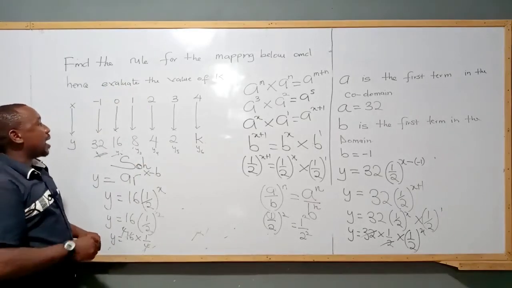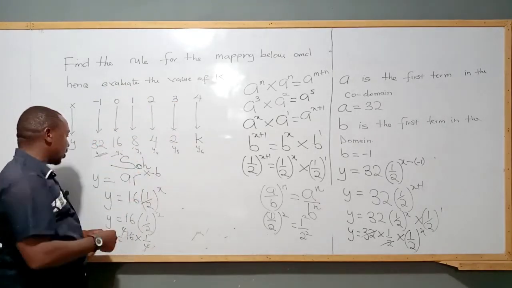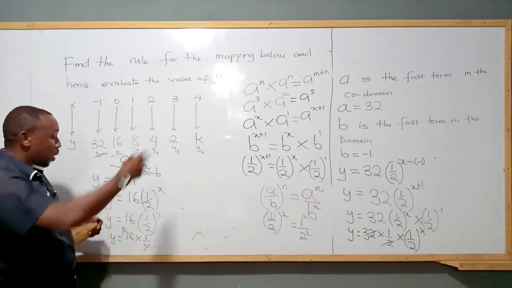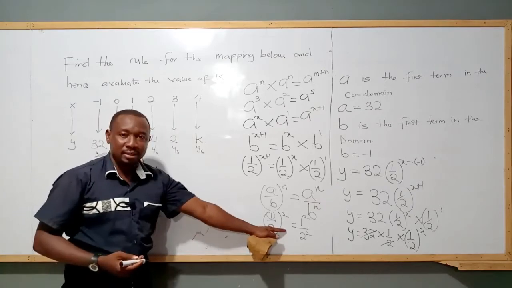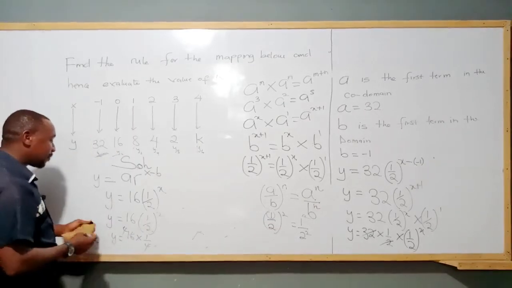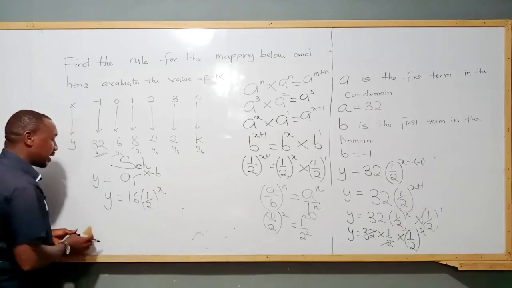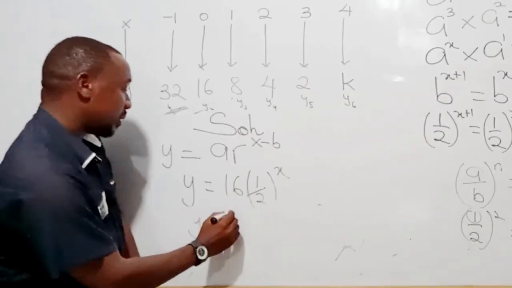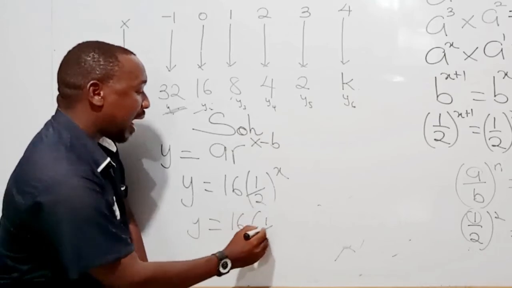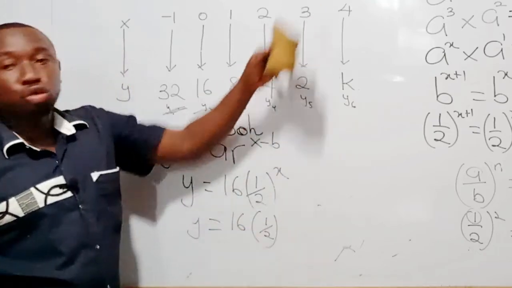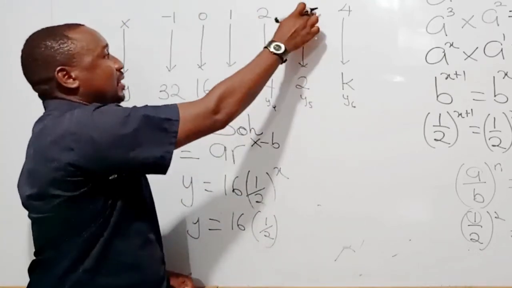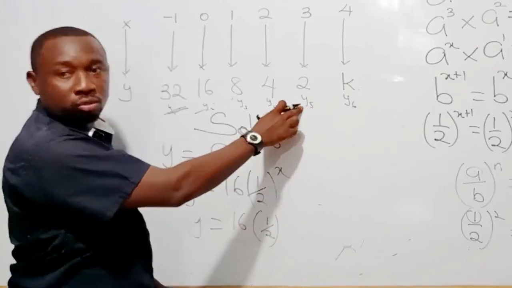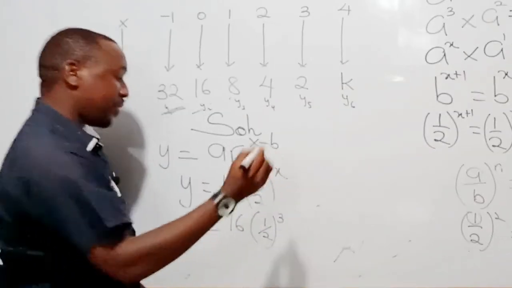There is the last verification, the 3. Once we know how to deal with it, if you have the x to be 3 now, y will be equal to 16 half all to the power 3. We want to choose x as 3 and check whether we'll get the answer.